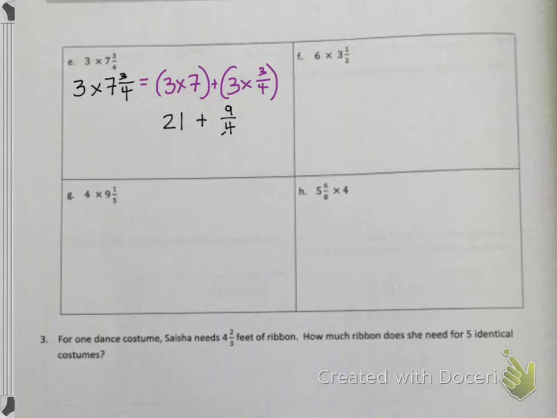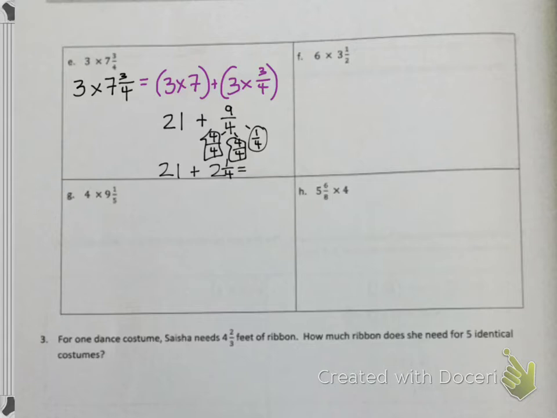I'm going to be working with the number bond, because I know that I can just take 4/4 out, and I have 1/4 left over. So I have 21 plus 2 whole and 1/4.